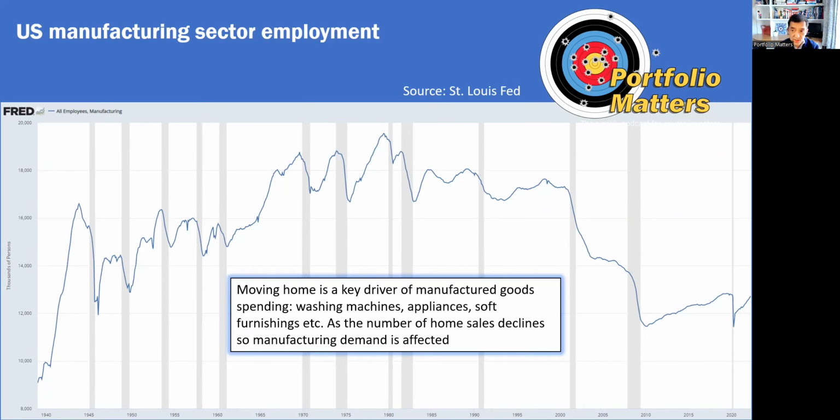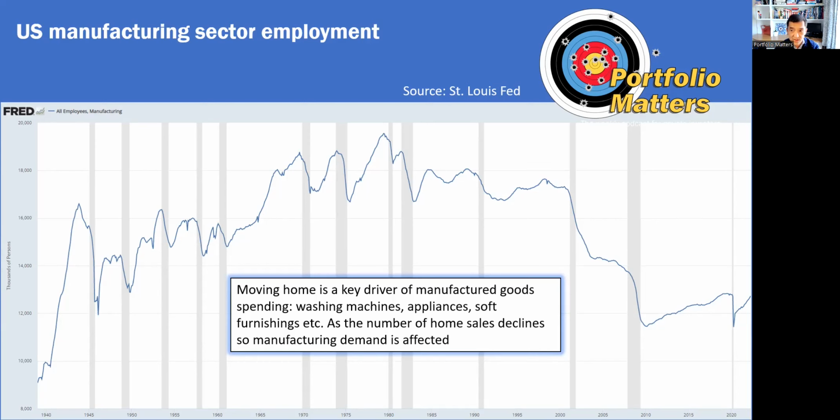So something we've also discussed on the weekly is how moving house is also a key driver of consumer expenditure. When somebody buys a new house, they also tend to buy new appliances, so washing machines, tumble dryers, also soft furnishings like carpets, sofa, curtains, etc. So housing market activity is a driver of demand for manufactured goods.